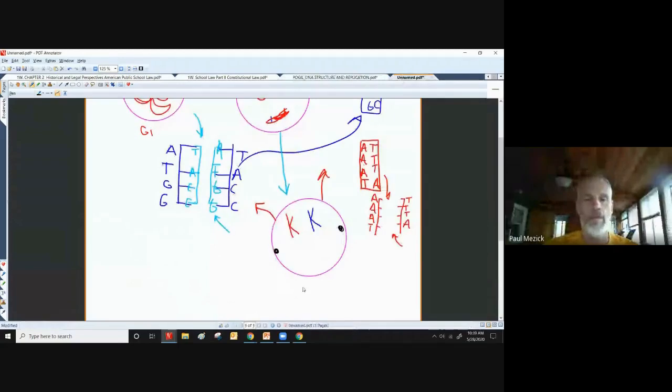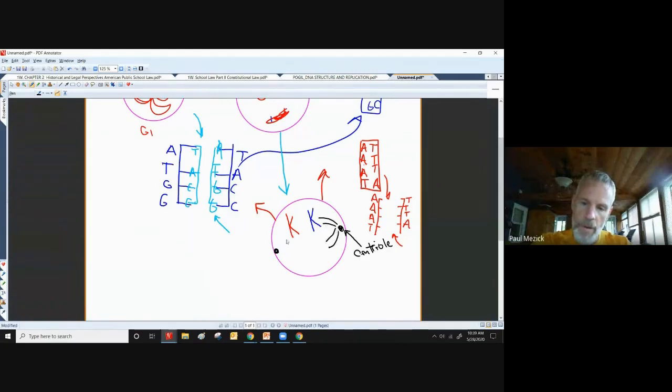When it gets to the point where it has to actually divide into 2 cells, your cells will start to develop these little structures, and this will come up tomorrow, but they're called centrioles. I guess we could label them here. Centriole. And they will put out these long strands of stuff.